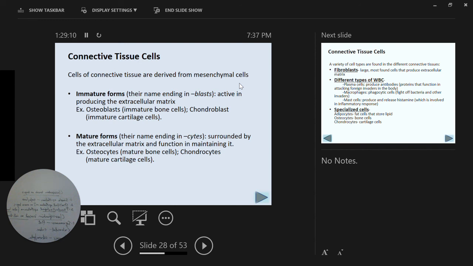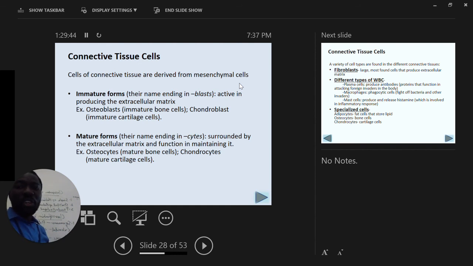Those 3 are called embryonic germ layers. Please don't forget this. The connective tissues are made from the mesoderm, and that's what we mean by mesenchymal cells: cells from the mesoderm, okay?